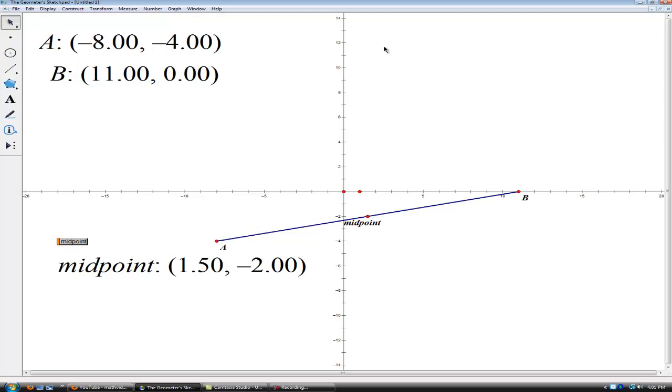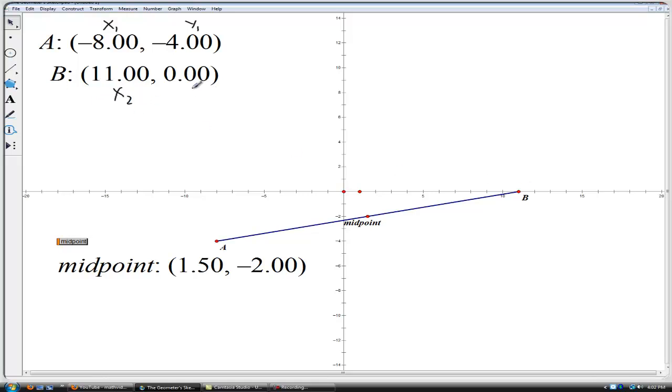So the formula is usually written in terms of x sub 1, y sub 1, and remember that those simply mean the x value of point 1. So we're just saying that this point A is point number 1, right? And then this would be point 2, the other endpoint, so this would be x sub 2, y sub 2.